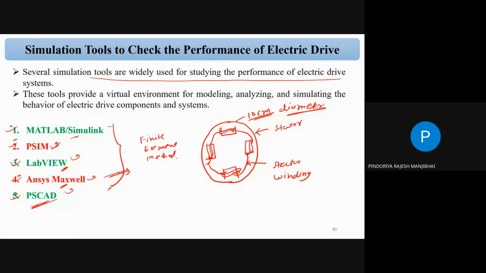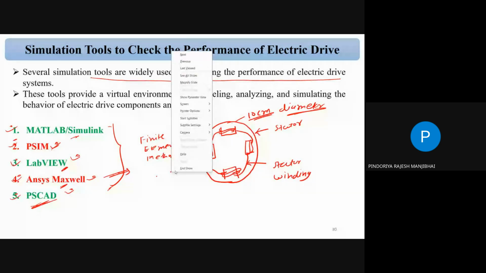And suppose you want to see how current is distributed over the 10 centimeter diameter. Otherwise, suppose you want to analyze how temperature increases. That is what finite element will do.